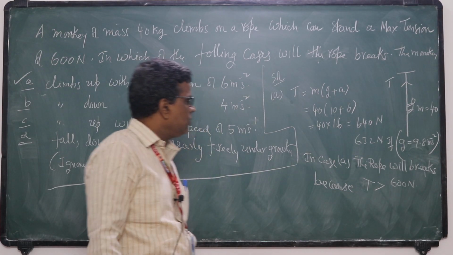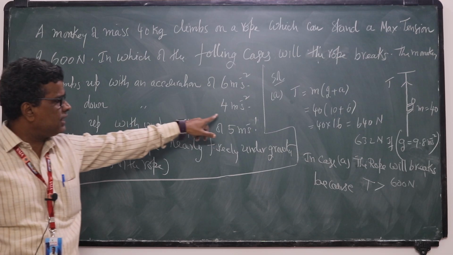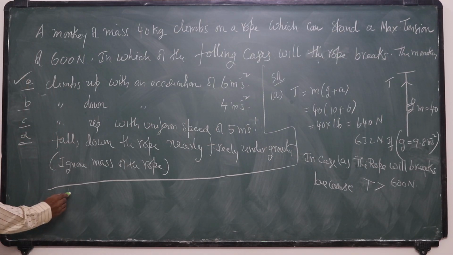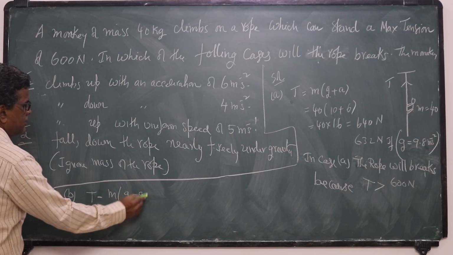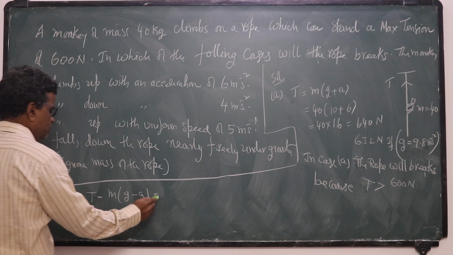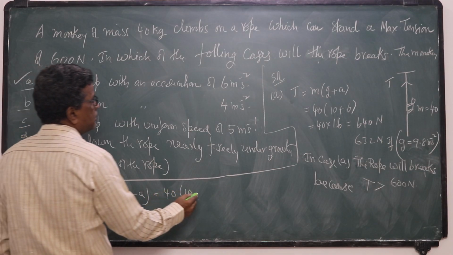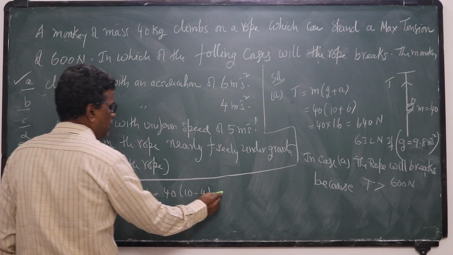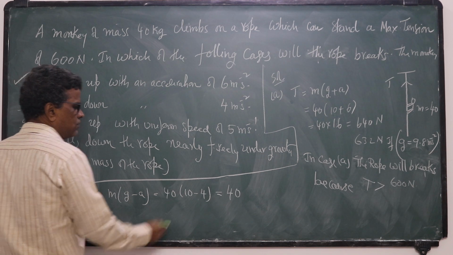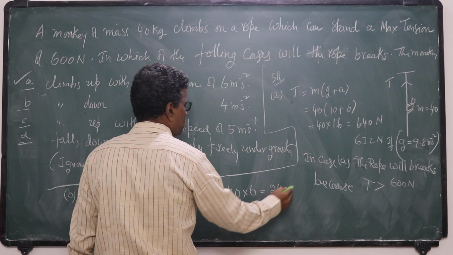Now in the second case, the monkey is climbing down with an acceleration of 4. For case B, the tension in the string is m(g minus a), isn't it? So m is 40, g let it be 10, a is 4. So 10 minus 4 is 6, and 40 into 6 is 240 newtons.